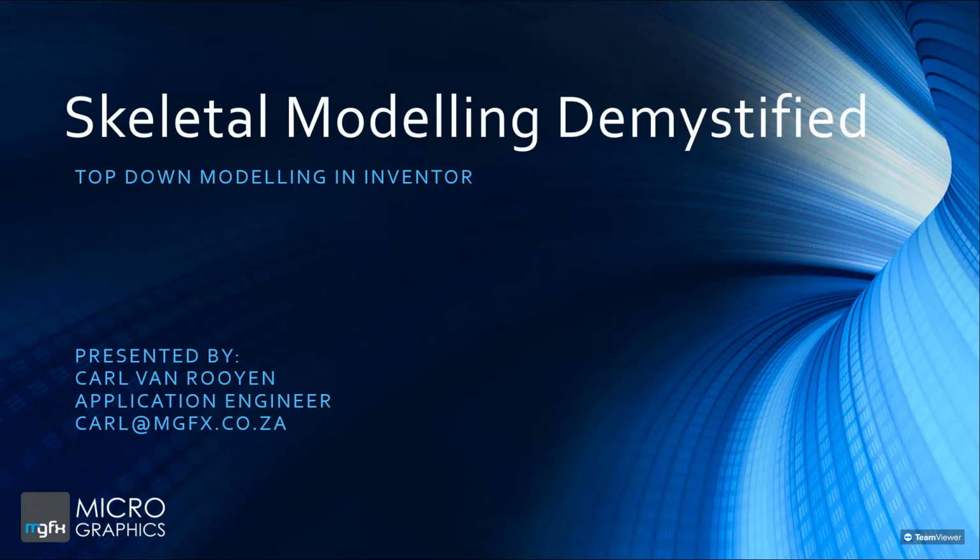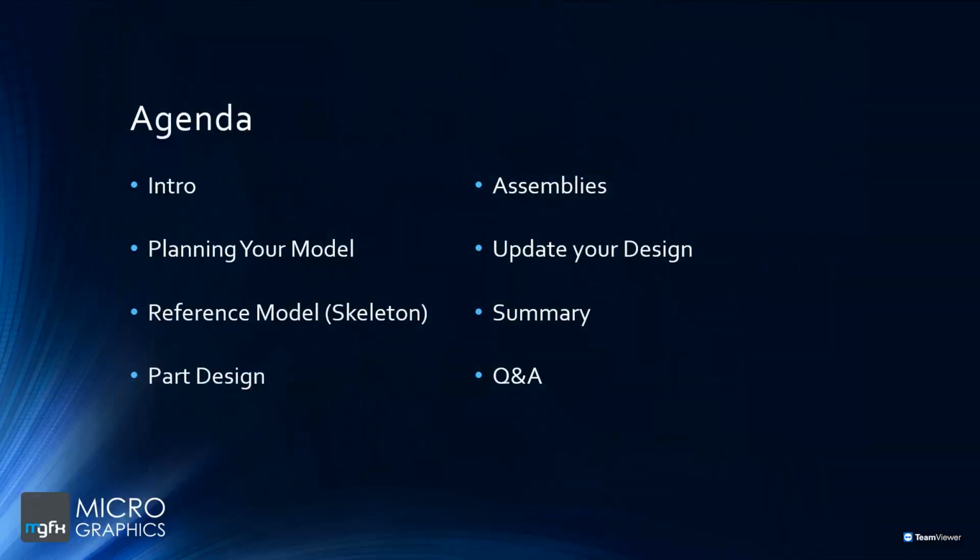So we'll move on to the agenda. On the agenda today, we're going to start off with an introduction to top-down modeling, and we're then going to move on to planning your model, so how to plan your model out for that skeletal model.